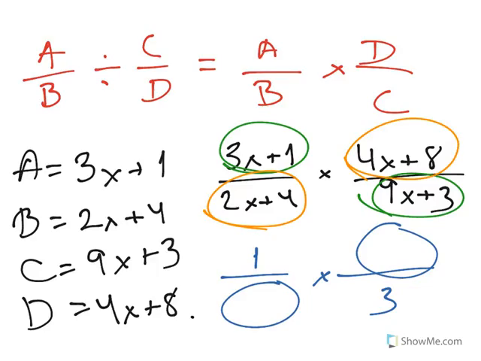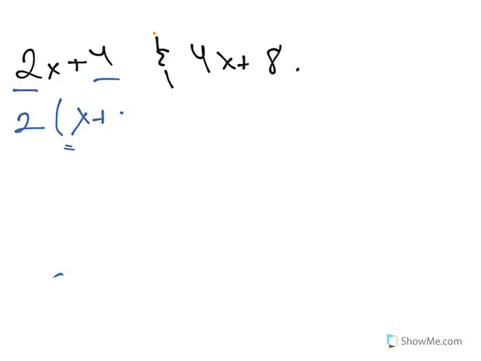So we have 2x plus 4 and 4x plus 8, and we want to find their common factors. So we see that 2x plus 4 actually has 2 and 4 with common factor of 2, so we factor that out and we get 2 times x plus 2. And 4x plus 8 has a common factor of 4. We can factor that out and we get 4 times x plus 2.